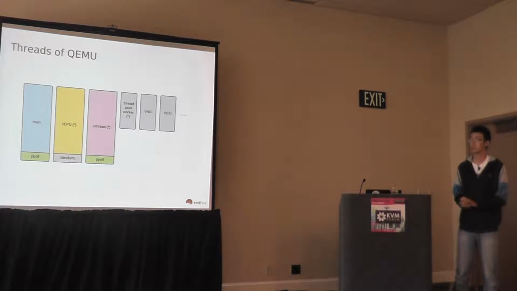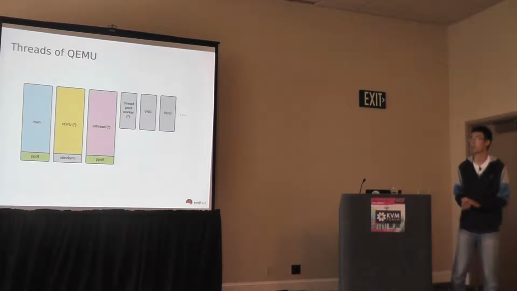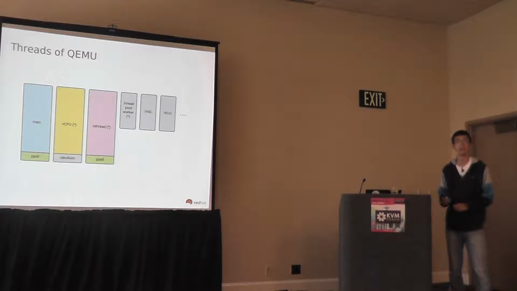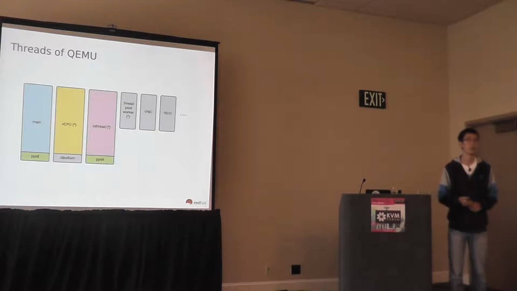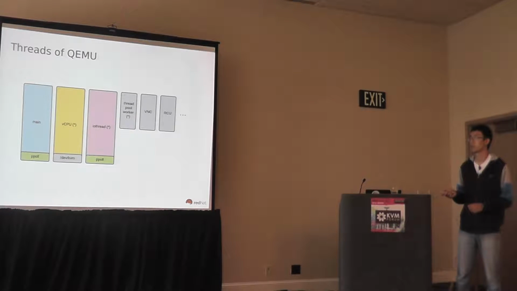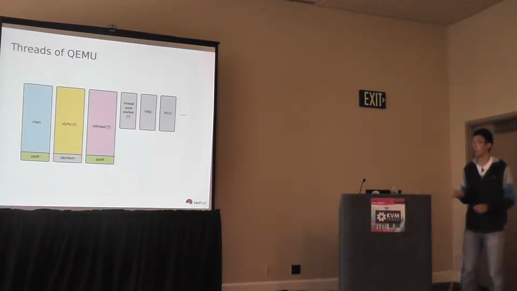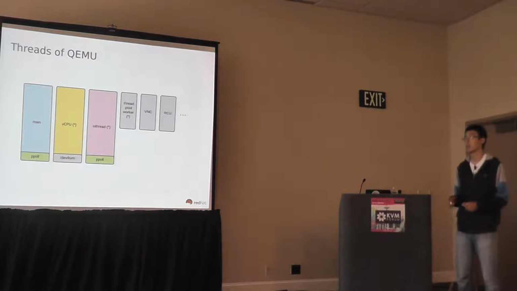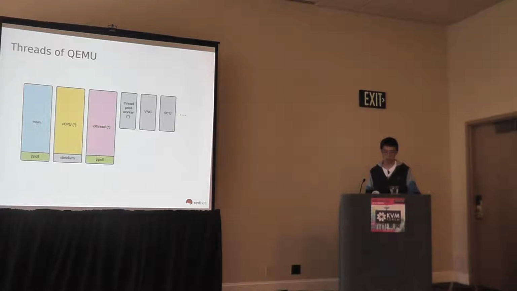This thread also dispatches port I/O events and memory I/O events. The third one, iothread, was recently added for the purpose of enabling multi-core performance of the host. And it is responsible for running the dataplane code. So both the main loop and the iothread loop are event loops. They all work on some file descriptors and dispatch the events in a way that has a lot in common.